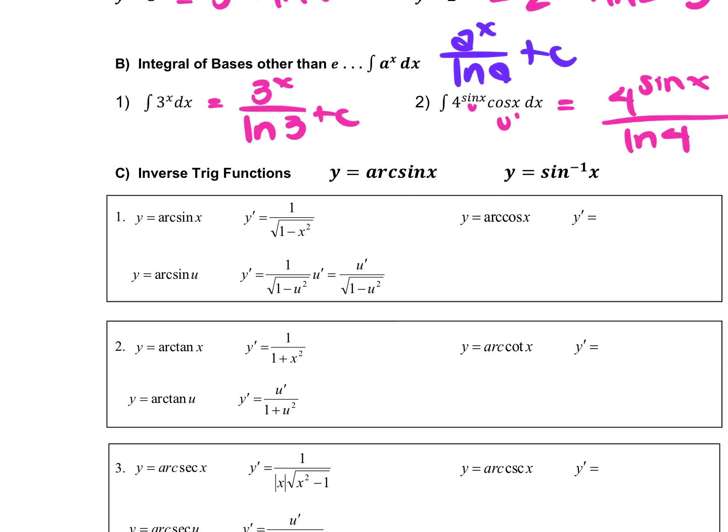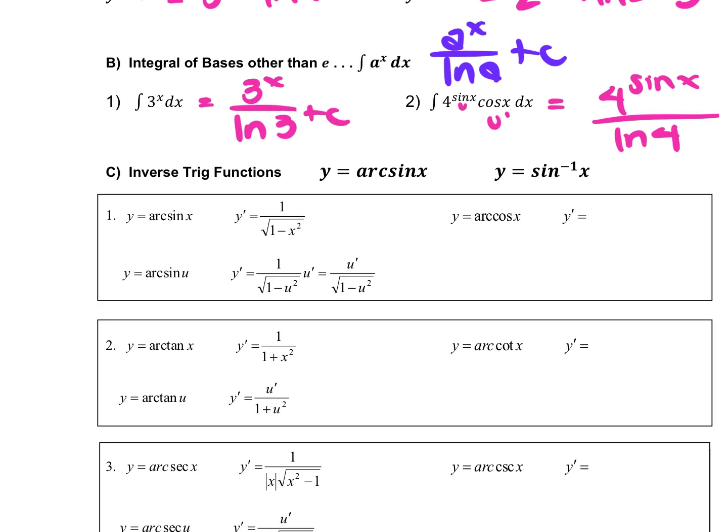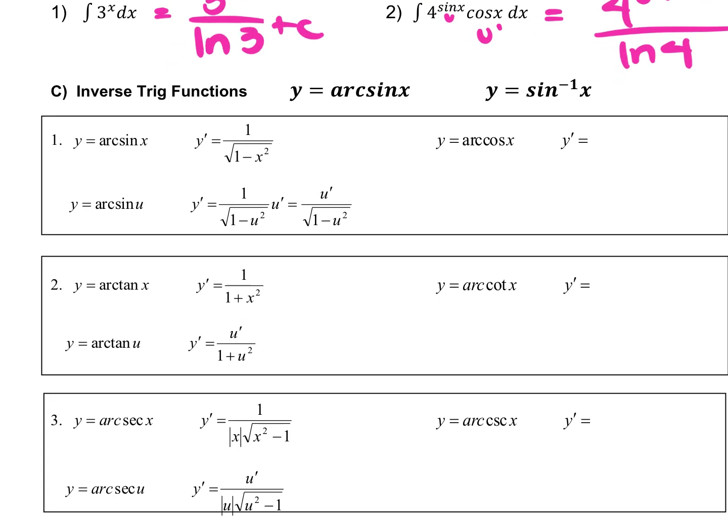We also talked about inverse trig function derivatives. And you see here your derivative for arc sine and for arc cosine and arc sine of u. Arc cosine is the same thing as arc sine, but the negative. So it is the negative versions of these.